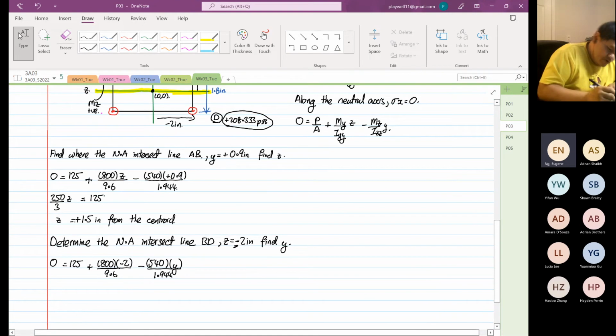Okay, so I'm going to bring the 540 across. So 540 divided by 1.944 is equal to 2500 over 9.